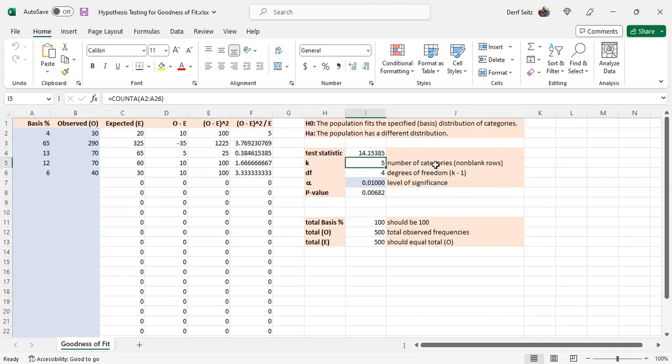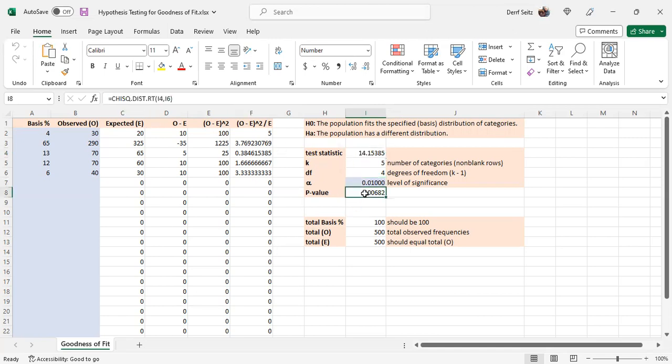K, the number of categories, the non-blank rows, is 5. That's determined automatically by this COUNTA function. The degrees of freedom is K minus 1, number of categories minus 1. Alpha, we've already mentioned, you have to input just so you can do the test. Going back to the test statistic, again, that's the sum of the last column.